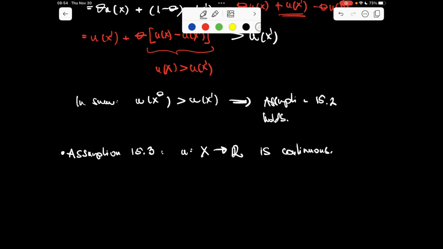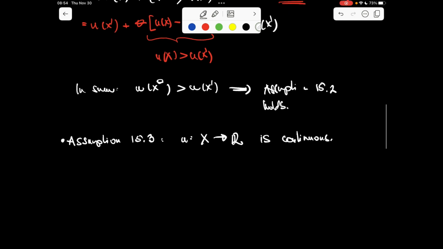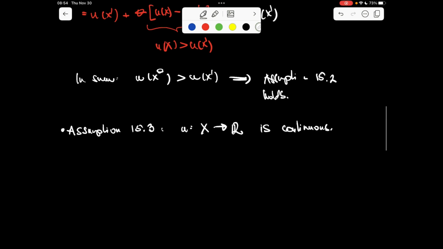Just like in the previous step, in which we demonstrated the concavity of the utility function, we are going to demonstrate the continuity of the utility function on the basis of the continuity of the one period utility function.